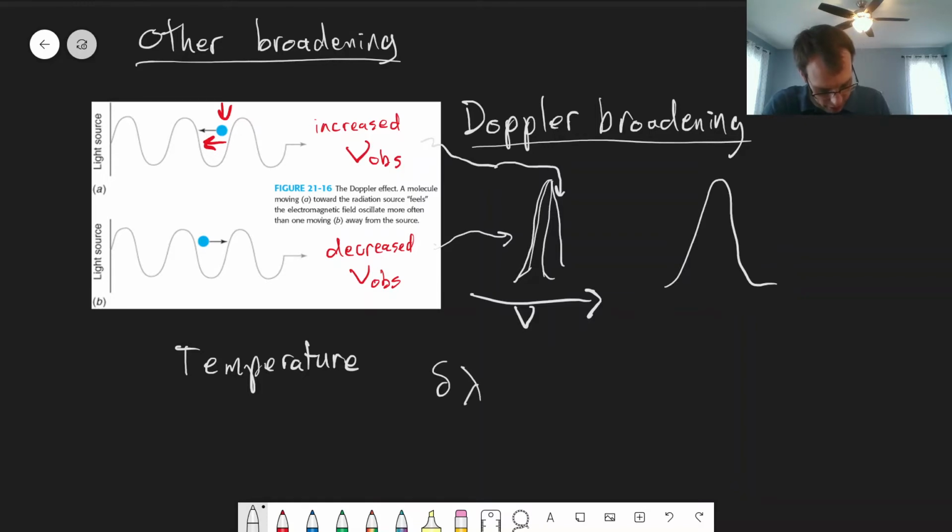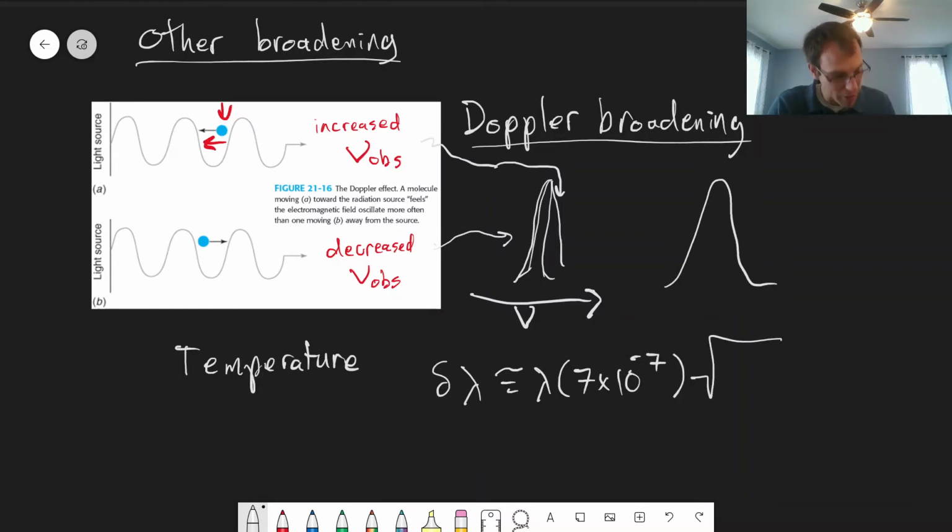And so we can quantify Doppler broadening. Our delta lambda, our change in our line width in terms of wavelength, is approximately equal to lambda, the wavelength we're measuring at, times 7 times 10 to the minus 7, we've lumped a bunch of constants together here, times the square root of T divided by M. And that should be capital M. Now T here is temperature in Kelvin.